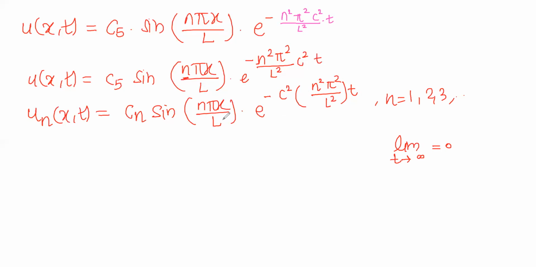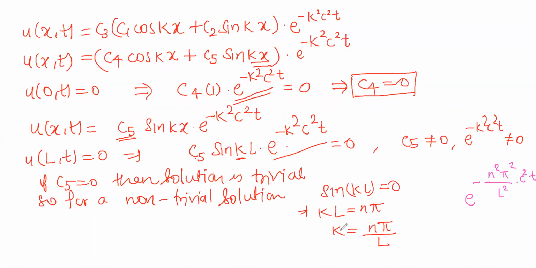Okay, one second, there is some error here. Yeah, so I forgot to tell you there are certain things involved here. I'm saying n equal to 1, 2, 3 because here we got n pi upon L, which is the value of k, basically k equal to n pi upon L. But what is k?